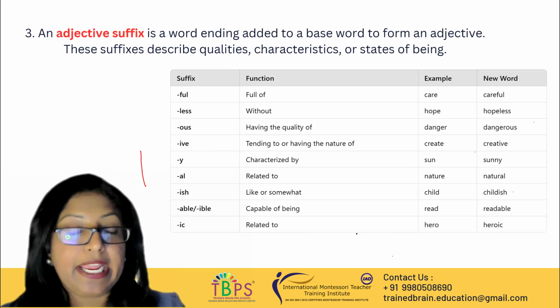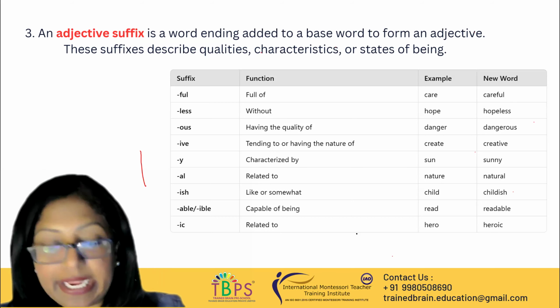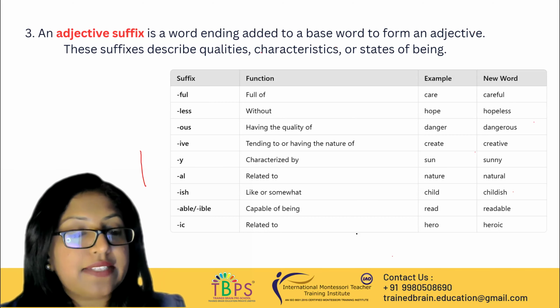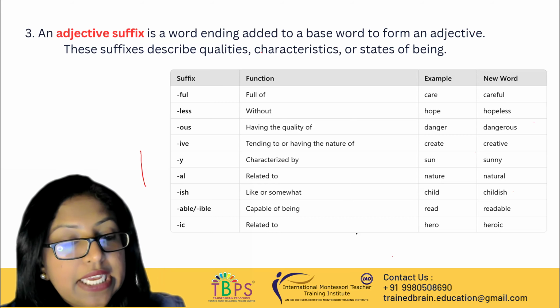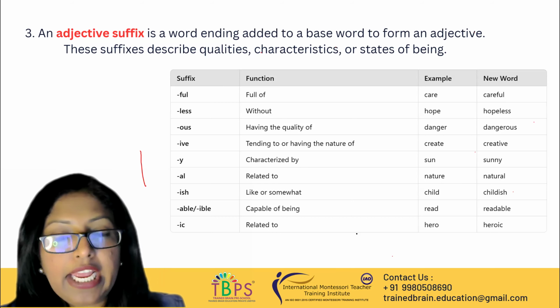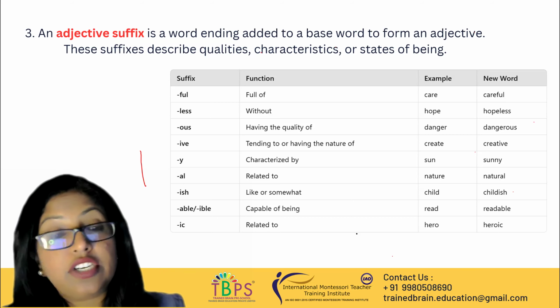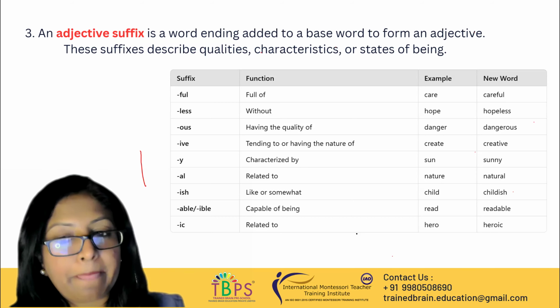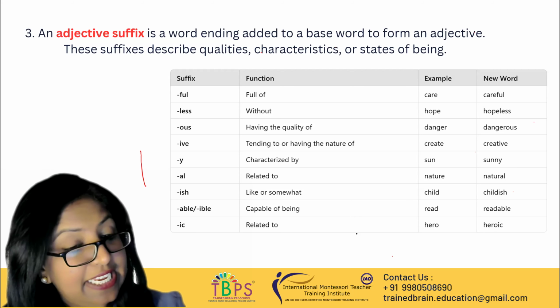We use Y when we are trying to work on characterized by. Okay, in case I have something to be characterized by, we would be using our suffix Y. So words like sun, sunny, dirt, dirty. See, there is some taste. Tasty. Salt, salty. Funny.